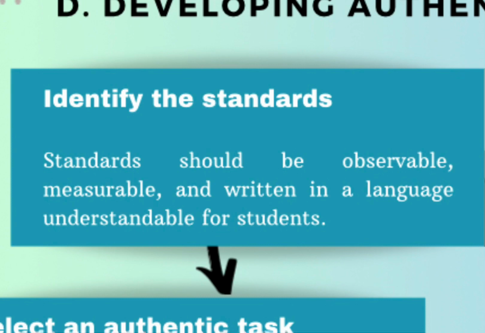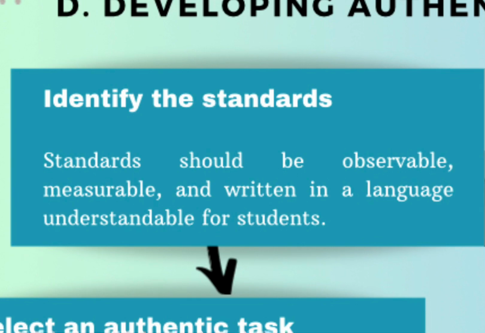To create an authentic assessment, we will be able to determine the standards. So we will have here guidelines in writing standards. When we create an authentic assessment, it should not include mention of the specific task. For example, the student will write an essay about Jose Rizal's life.